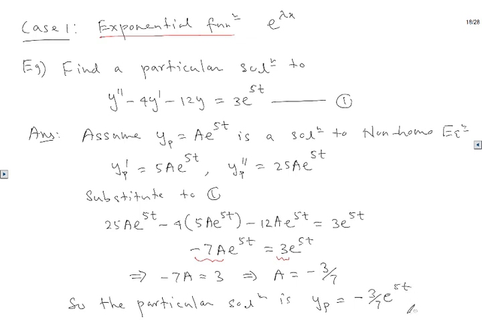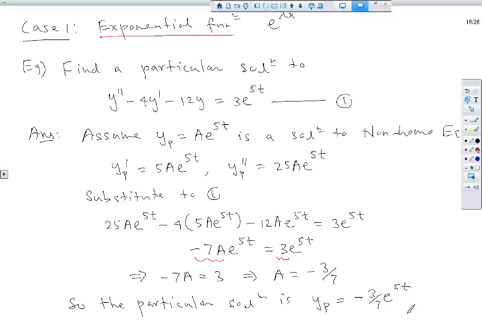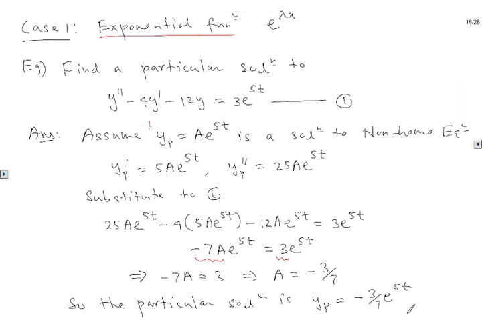So that's the particular solution. It's not that bad. These kinds of problems we can solve very easily. You assume a solution of the form, then take the derivatives and plug in, and then you get an equation, and then you try to find the undetermined coefficient there. So good.